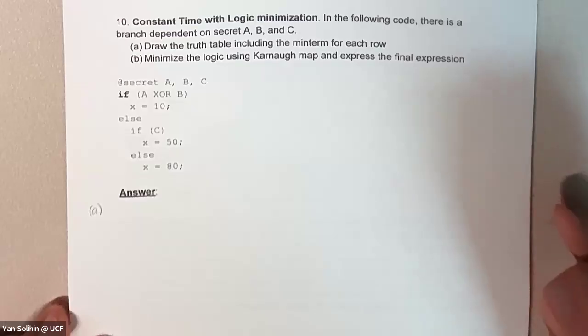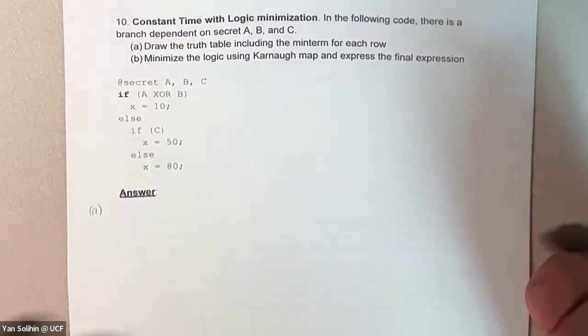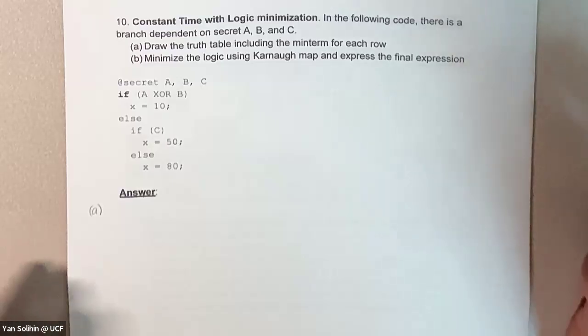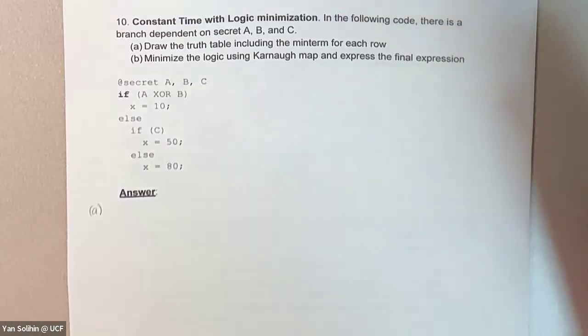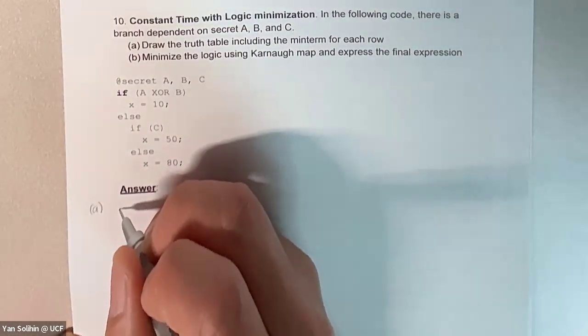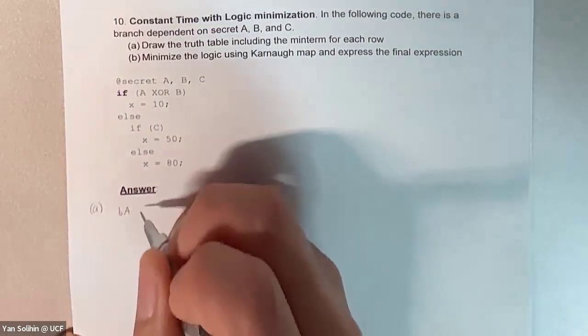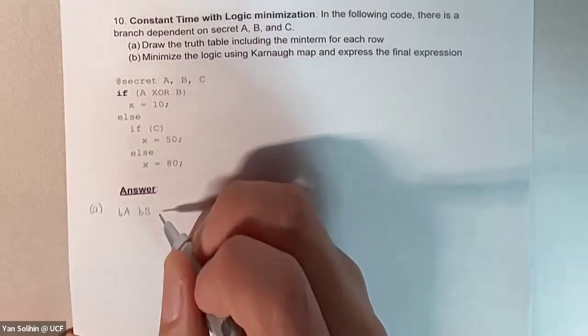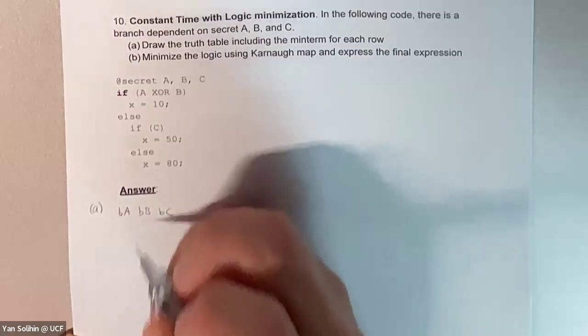Here, again, between the algebraic method versus the logic, let's choose the logic because we are going to do logic minimization. All right, so we'll start with BA, BB. This will correspond to ABC, right? And BC.